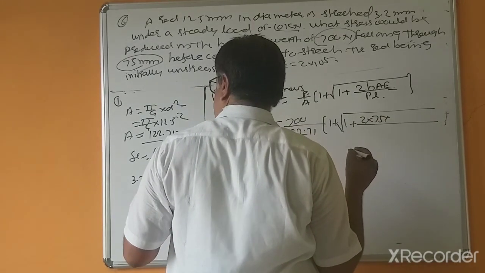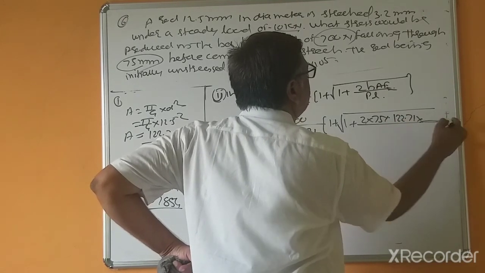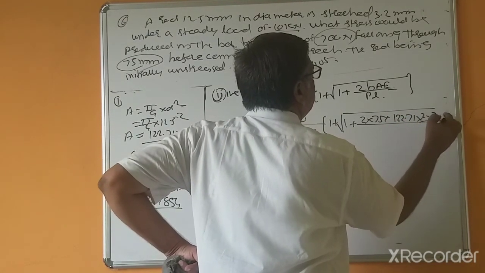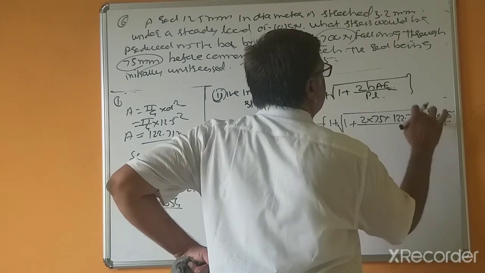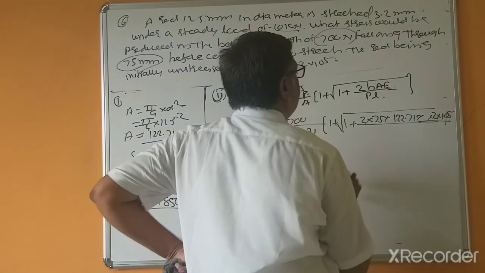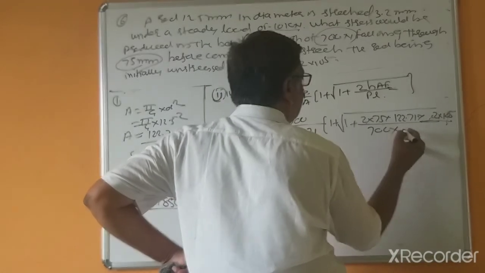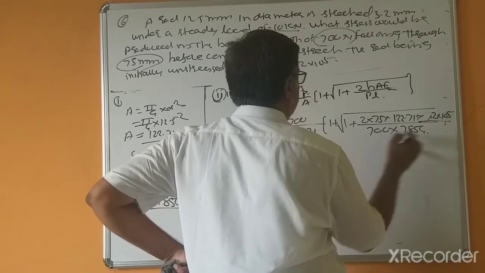Same area 122.71, E is 2 into 10 to the power 5, L equal to 78.54.